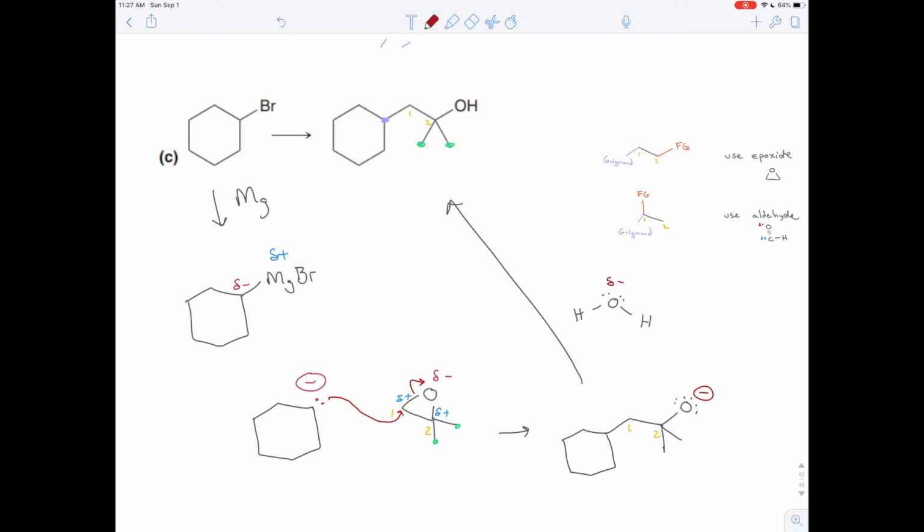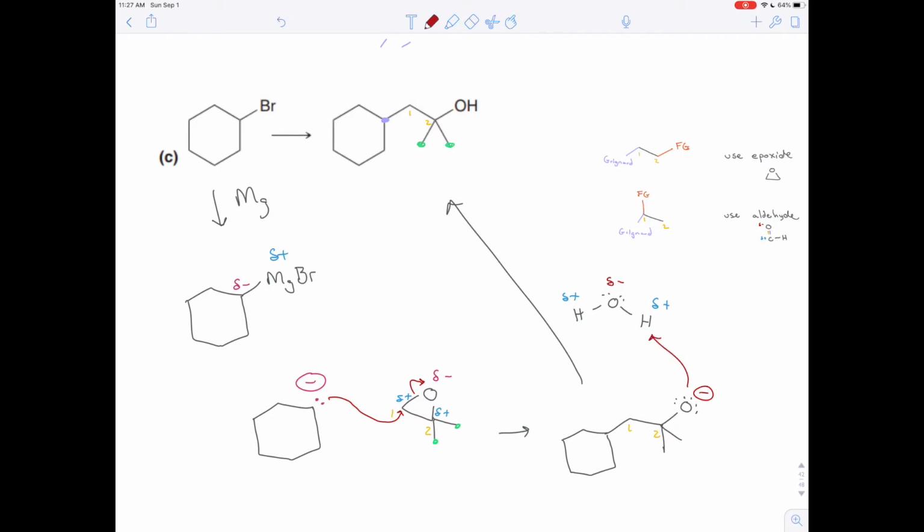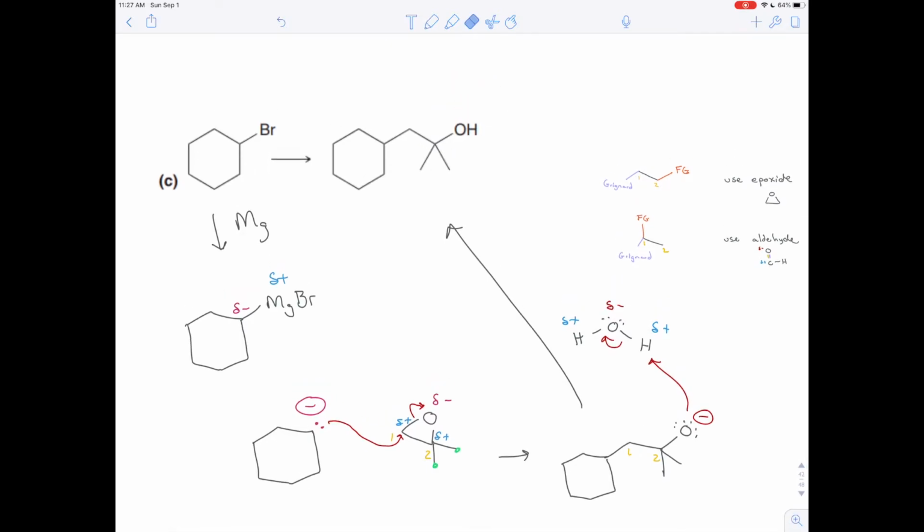The oxygen in water is slightly negative, the 2 hydrogens slightly positive, and so this can attack one of those hydrogens, and you get the hydrogen there. Okay, so there's all the reasoning.